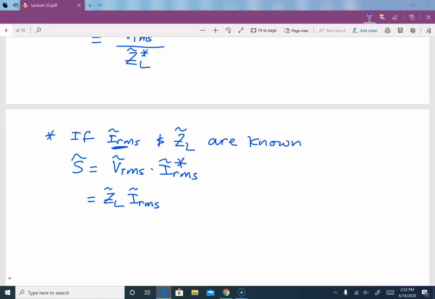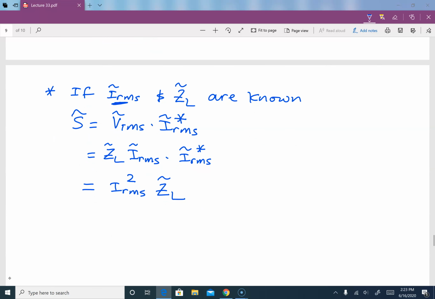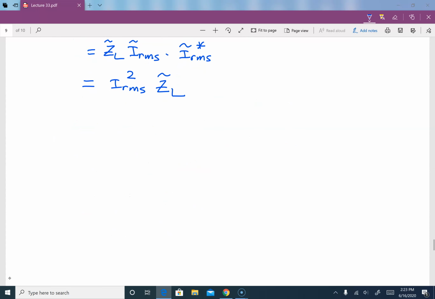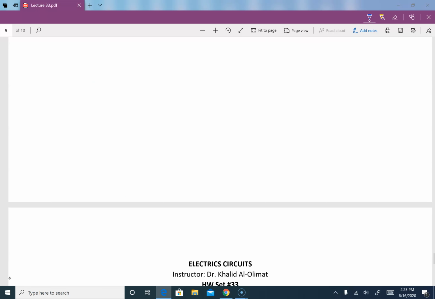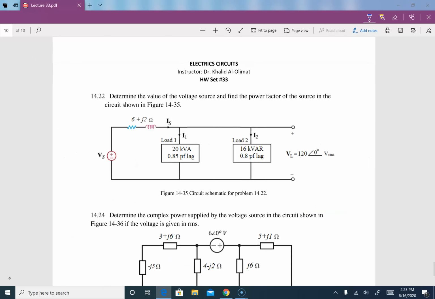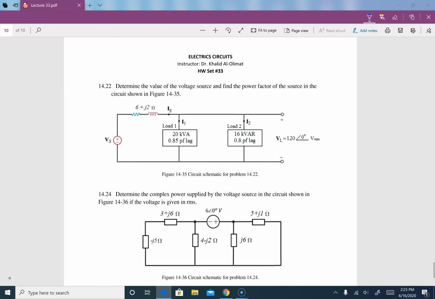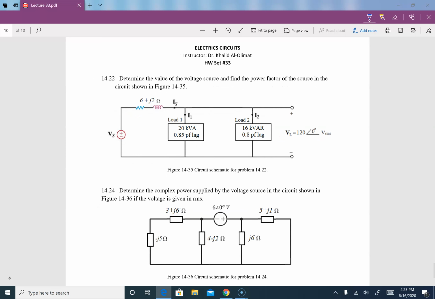That is VRMS times IRMS conjugate. So if you look at that, we have IRMS times IRMS conjugate, that is IRMS squared, multiplied by ZL, and that is the complex power. If you understand this, that is really great, and you will be in good shape for this lecture. And over here are our homework problems for this lecture. Thank you for watching.